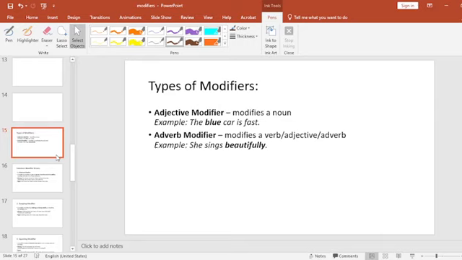What is adverb modifier? It modifies a verb, adjective, or adverb for that. So the blue car is fast. So here we are describing how the car is. An adverb modifier, beautifully. Beautifully is an adverb, and here we are describing how the verb is done properly.